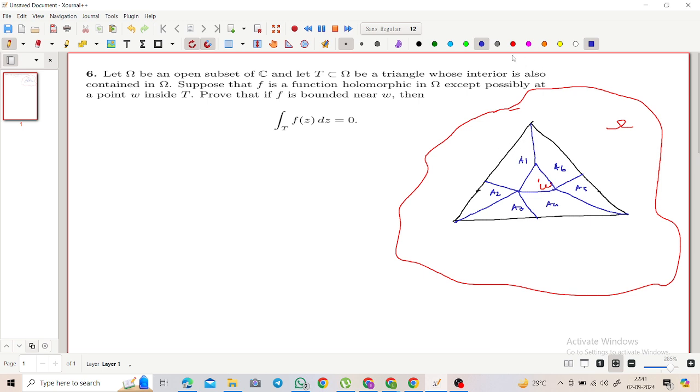So basically we have been given that this is T, right? This is T. So observation 1.